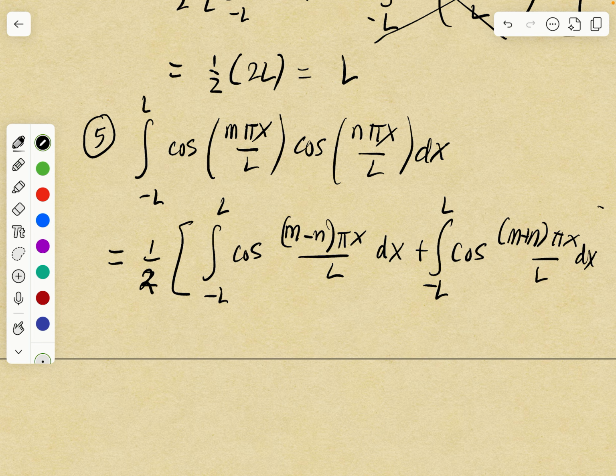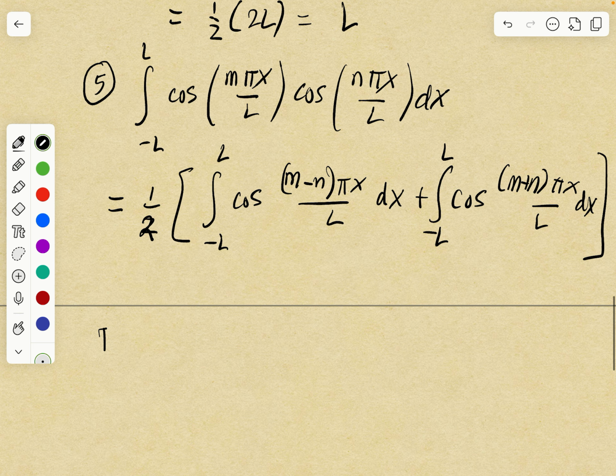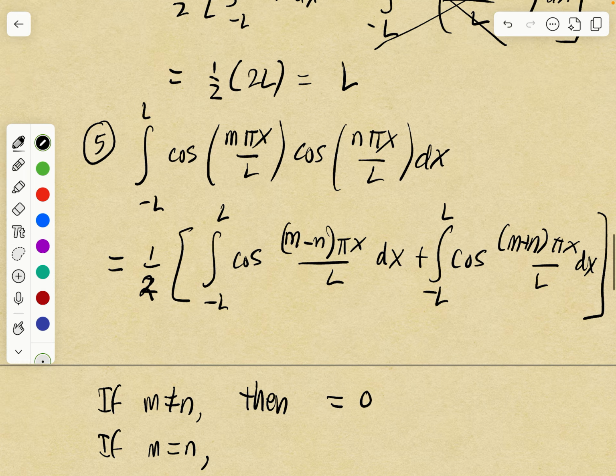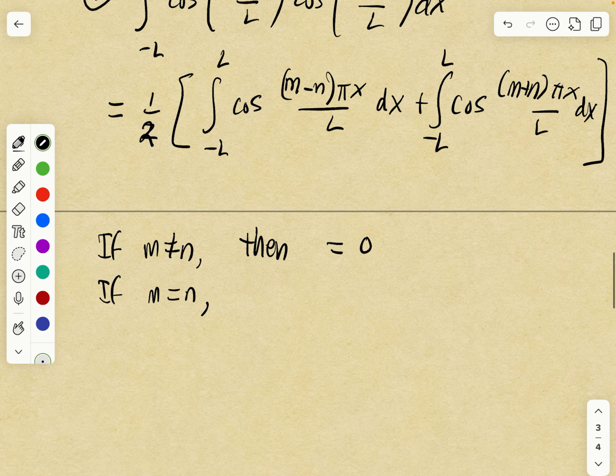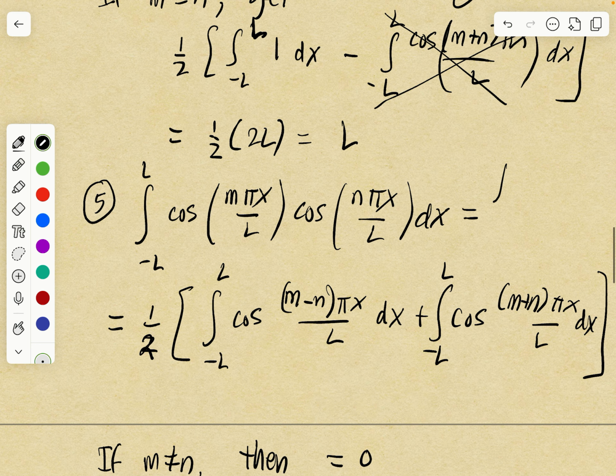So if m is not equal to n, then we just get the same as before. If m is equal to n, then by the same calculation as above, we get L. So this is going to be 0 if m is not n, and L if m is equal to n.